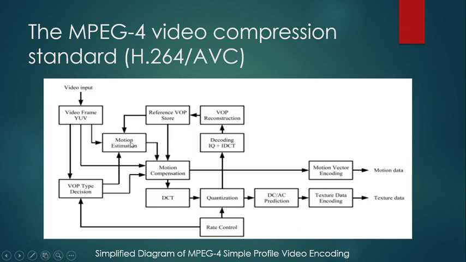Then motion estimation, motion compensation, all these steps are one and the same, and there will be a first in first out buffer for controlling the bit stream rate. The only difference is that instead of transmitting both the motion vector and the texture data, that is our macro block data, encoded together as single, we have separate transmission of both.